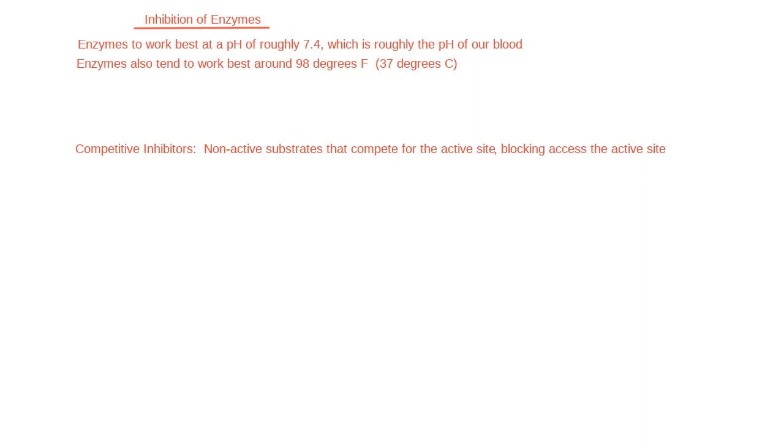If they don't bind to the active site, they bind to the enzyme in a different location. And they cause the active site to change shape and render the enzyme ineffective.